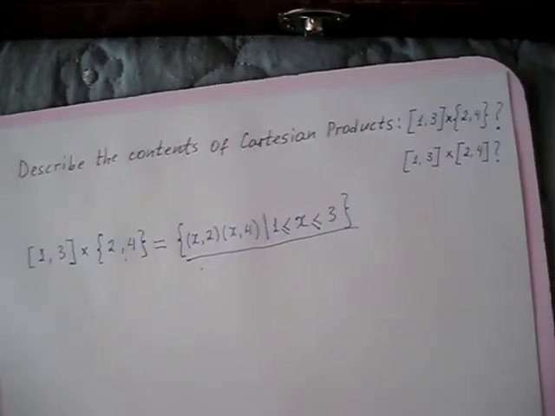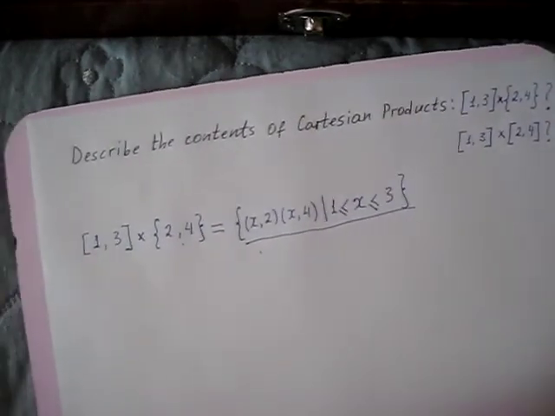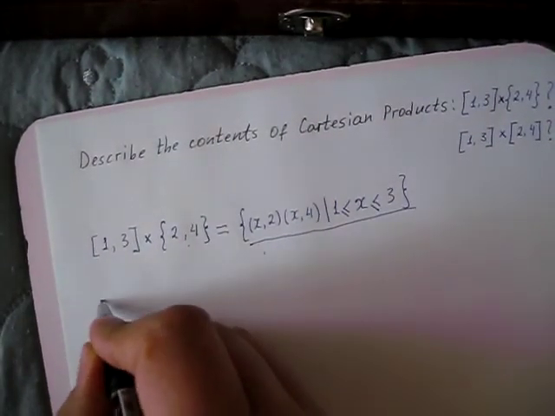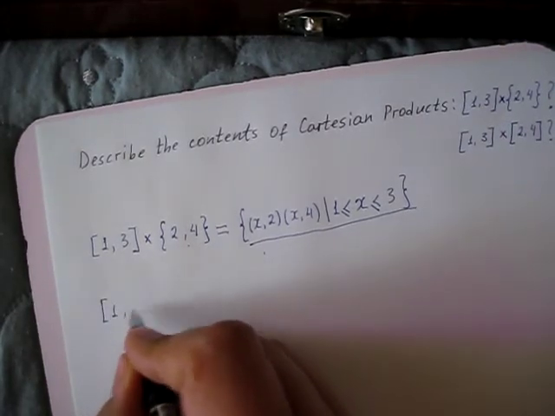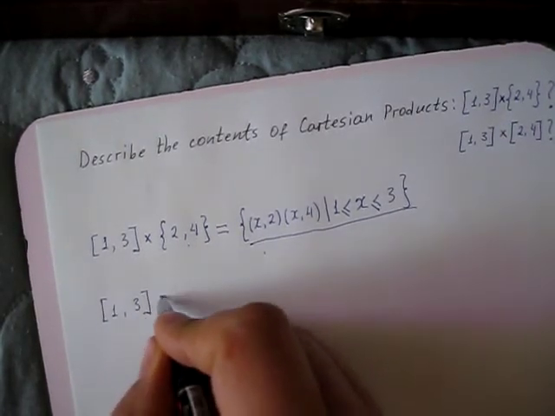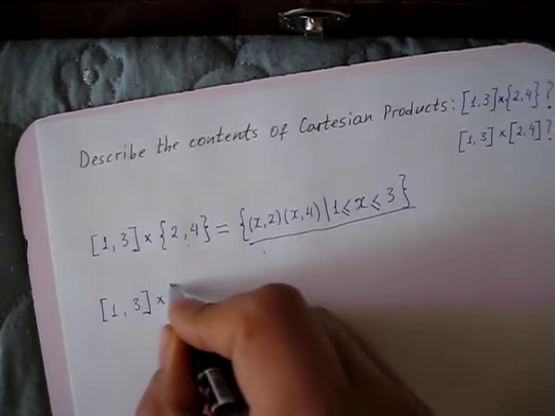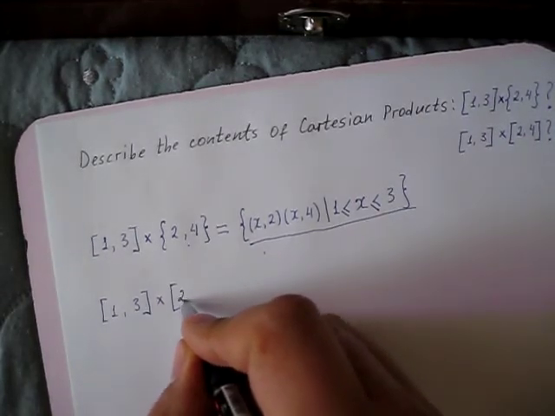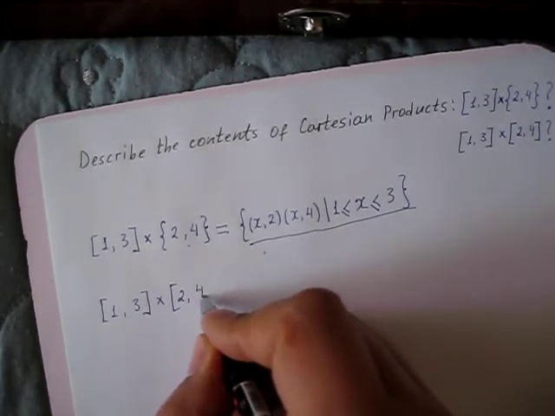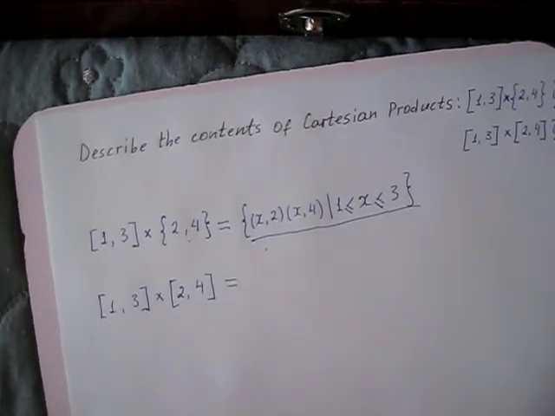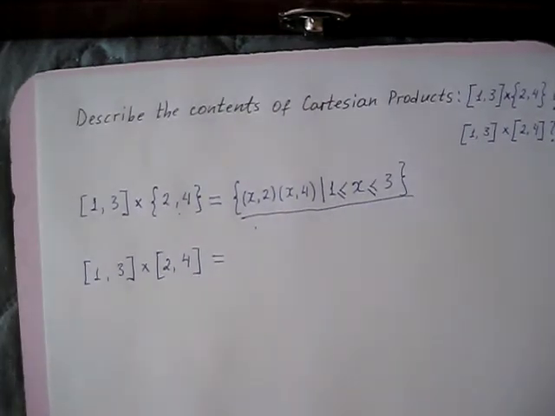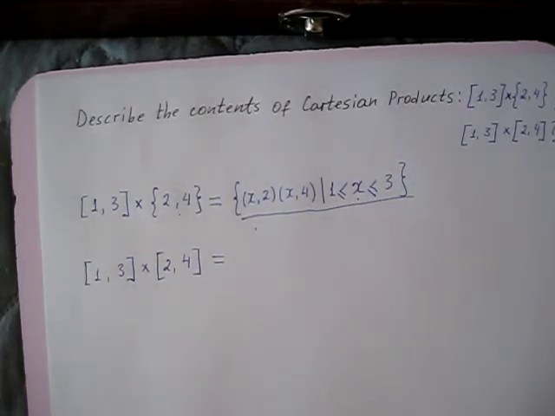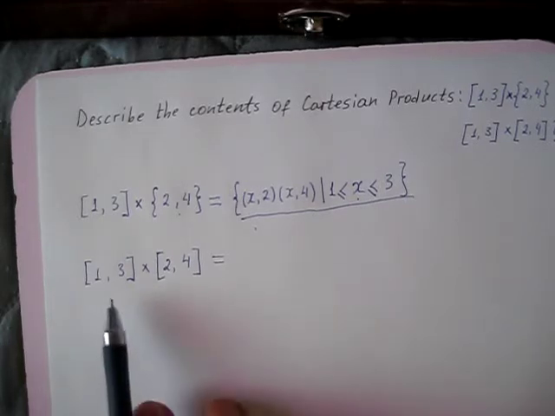Okay, let's see the second example. In the second example we have the cross product of the closed interval between 1 and 3 and the closed interval between 2 and 4. What can we say by using set builder notation here?